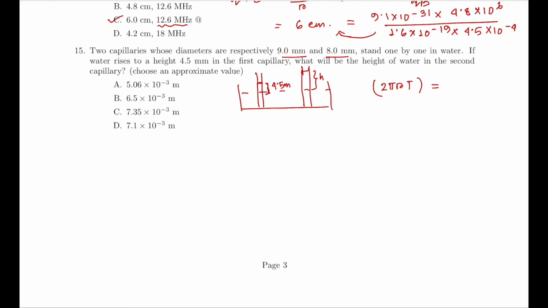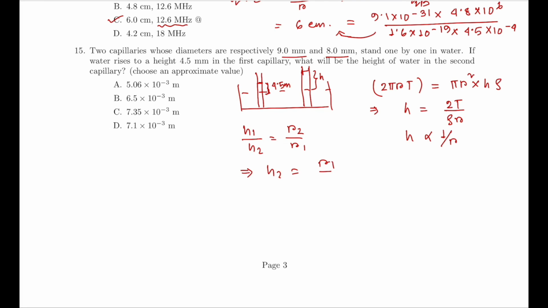So that is pi r square into h into rho. So you will have h is 2T by rho r. As you can see, h is proportional to 1 by r. So h1 by h2 is r2 by r1. h2 is r1 h1 by r2.